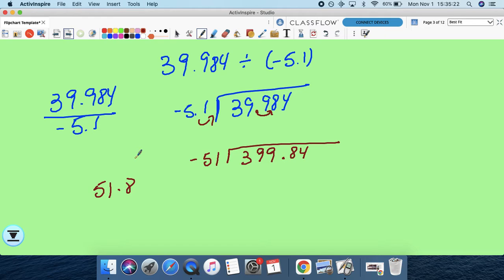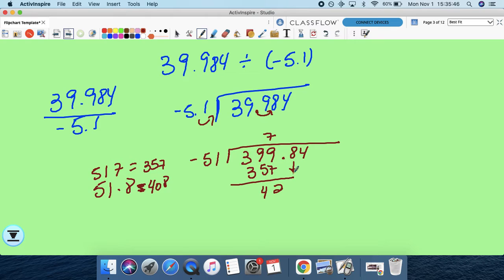Well, let's try 51 times 8. 51 times 8 is going to be 408. So, nah, that's too much. Let's try 51 times 7. And 51 times 7 is going to be 357. So times 7 is okay. 7 goes here. 3, 5, 7. 9 minus 7 is 2. 9 minus 5 is 4.